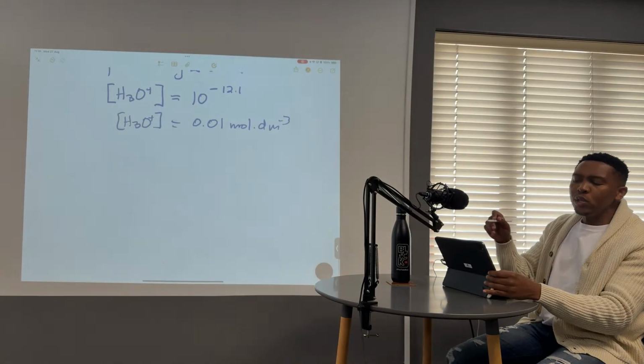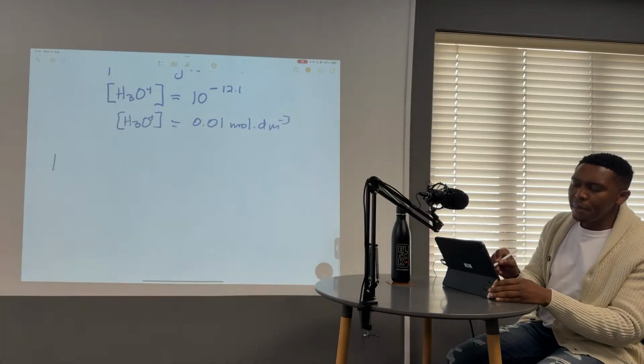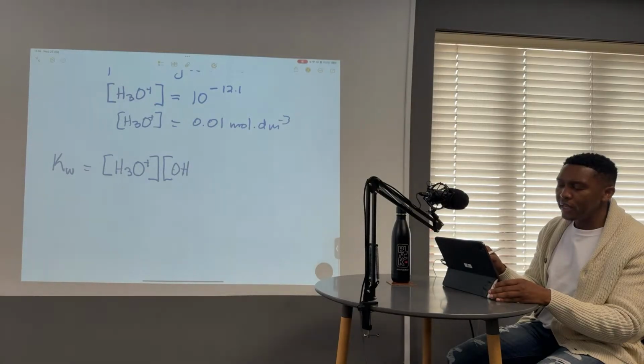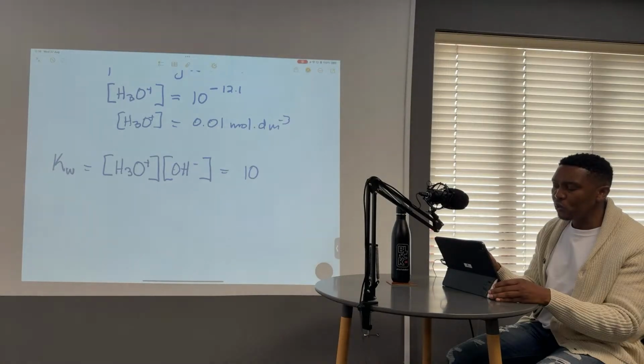So remember the ionization constant of water at 25 degrees would be H3O+ multiplied by hydroxide ions, and this is equal to 1 times 10 to the power negative 14.